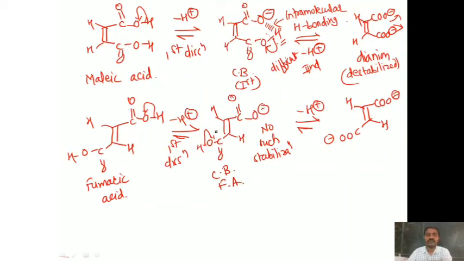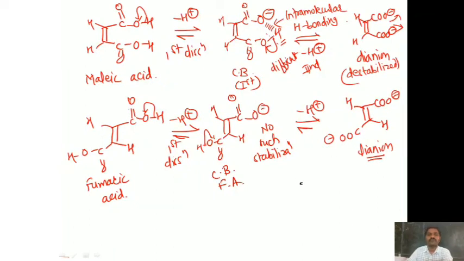But when you compare the conjugate base of fumaric acid, no hydrogen is involved in hydrogen bonding, therefore dissociation is very easy, and after dissociation it forms a dianion, and these two ions are far away from each other, so there is no chance of repulsion.